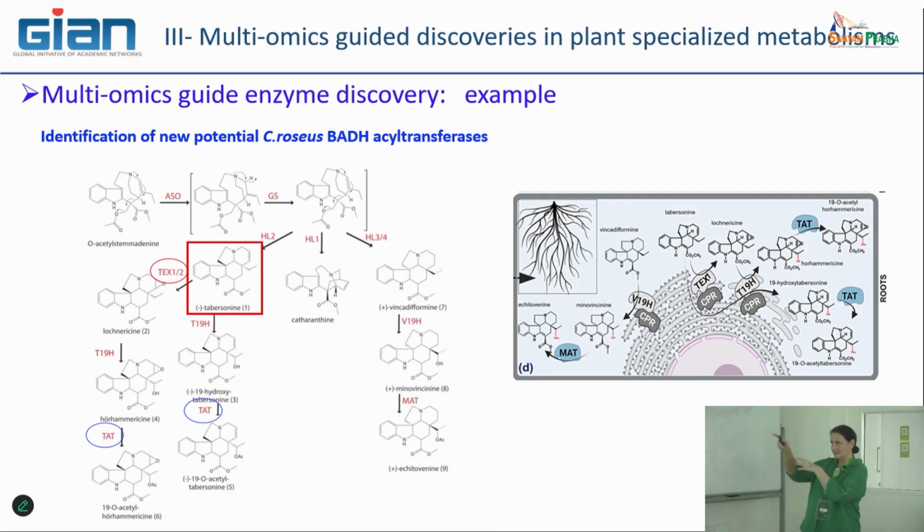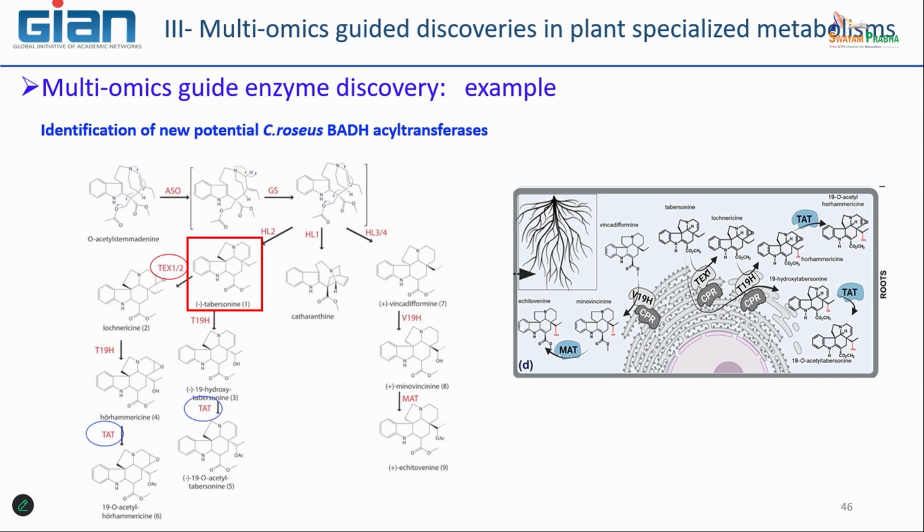And by this type of strategy, we start to have a very nice overview of the different specific parts of the metabolic pathways in these different Apocynaceae plants to try to find out how there is such a big diversity of monoterpenoid indole alkaloids in these particular families.